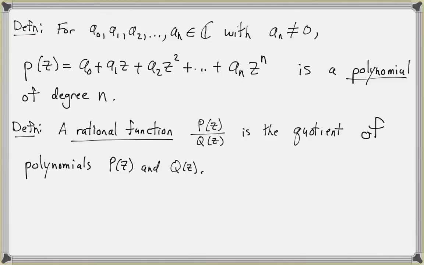So the domain of definition for any rational function will consist of all complex numbers such that Q of z is not equal to 0.